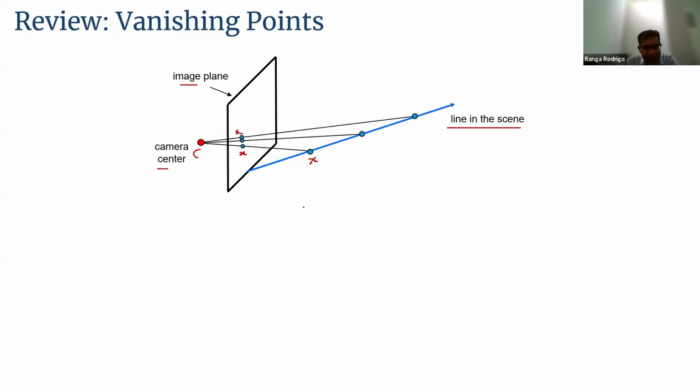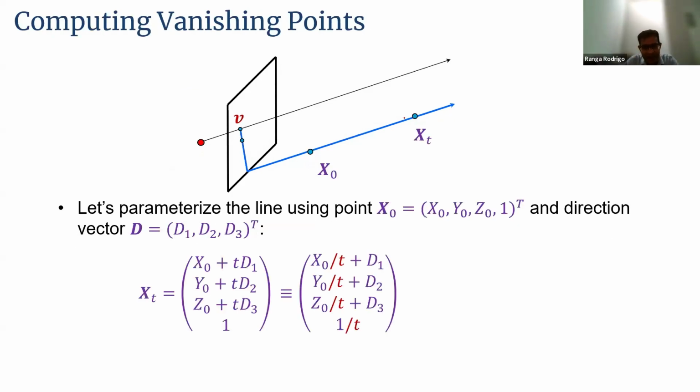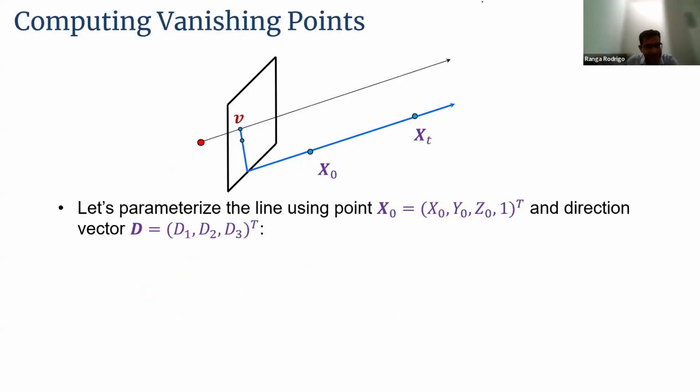You can move further, and finally you move it to a ray that is parallel with the scene line, and that is the last point where this point on the image would move. That one is called the vanishing point. So this ray is parallel to the line in the scene.